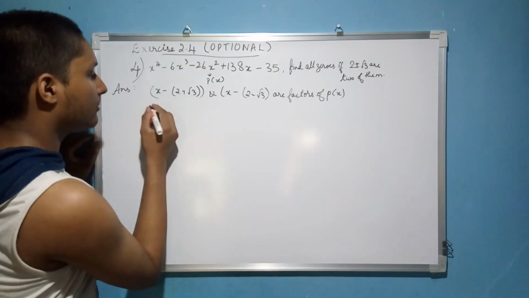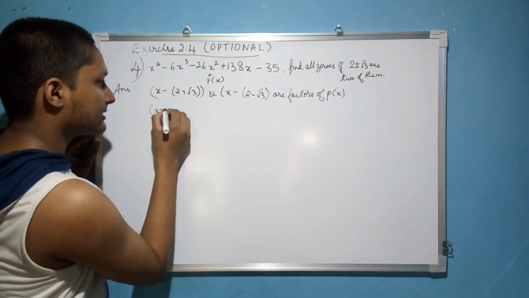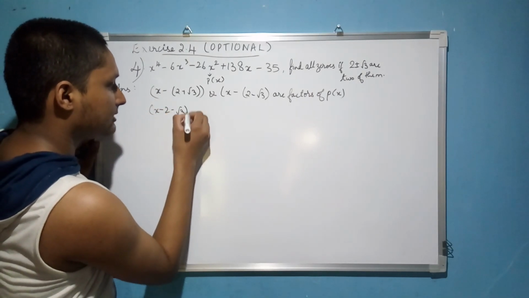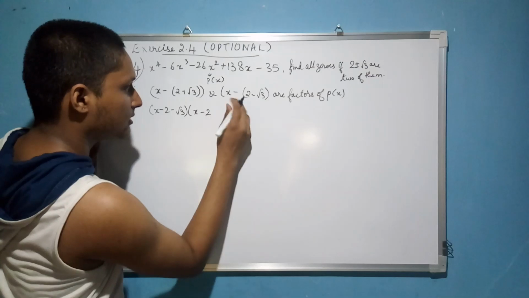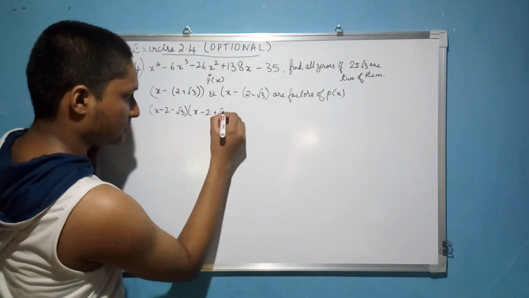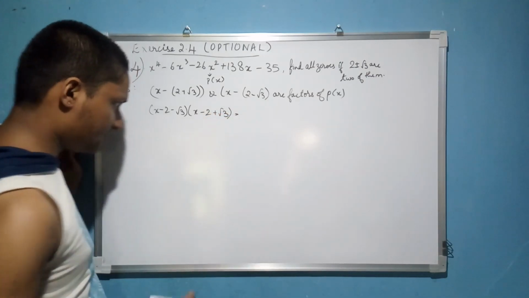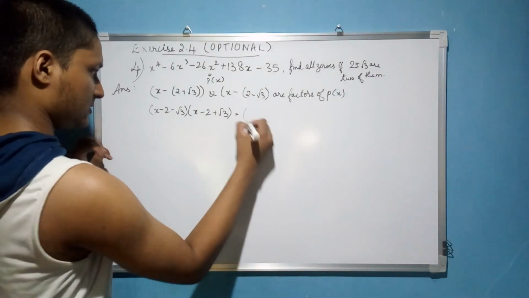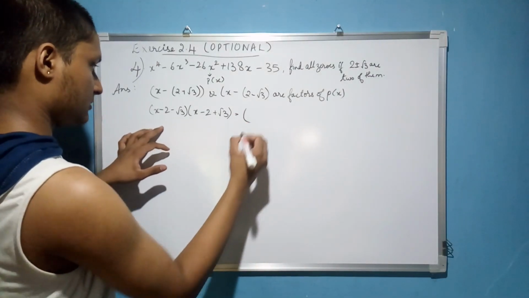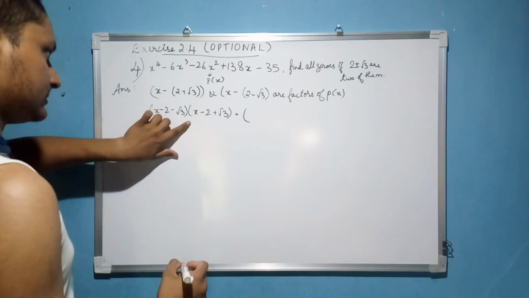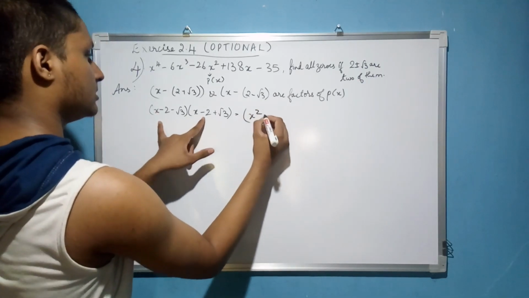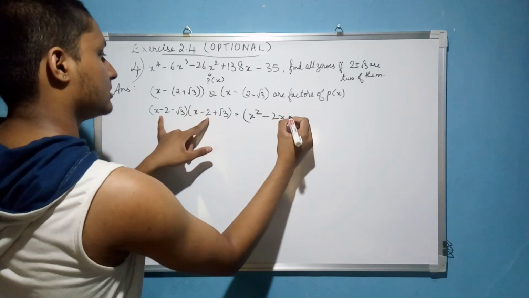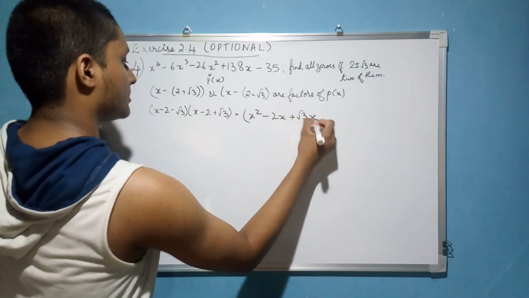If I find the product, I can tell that it is x minus 2 minus root 3 into x minus 2, minus of minus is plus, so plus root 3. Let me calculate that first. Okay. So if I calculate this, what are the terms I can get here? x into x, that is x square, minus 2x plus root 3x.